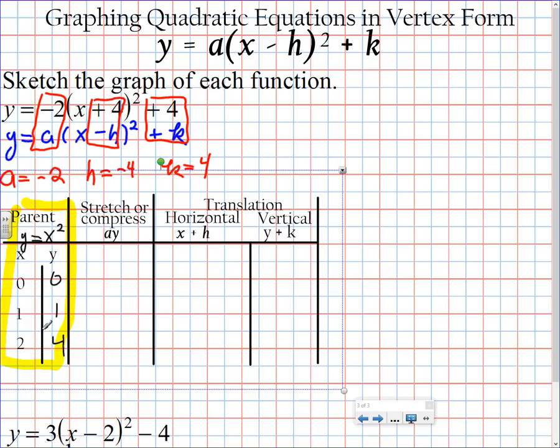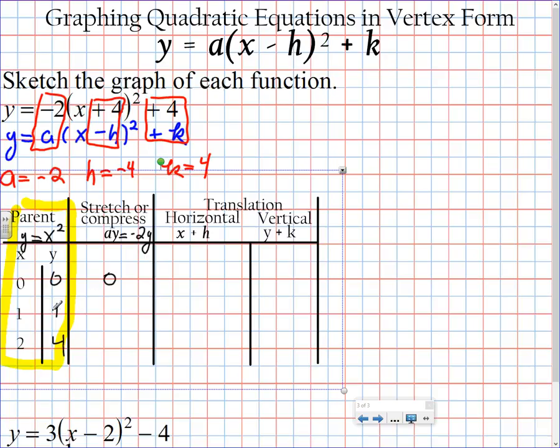Now I'm going to take this and stretch or compress it. The formula is a times y. In this problem, the a value will be -2. So this will be -2y. So -2 multiplied by the y value. We're talking about these y values. If y is 0, 0 times -2 will give you 0.